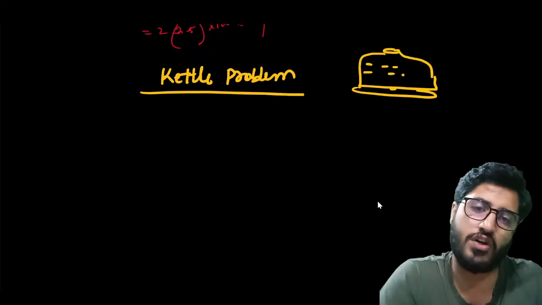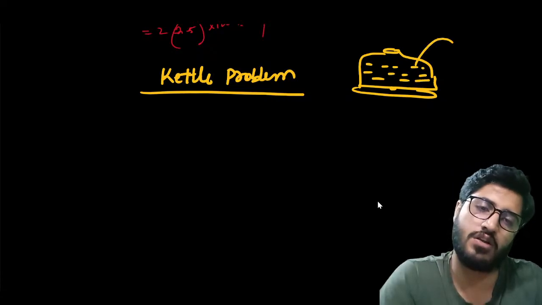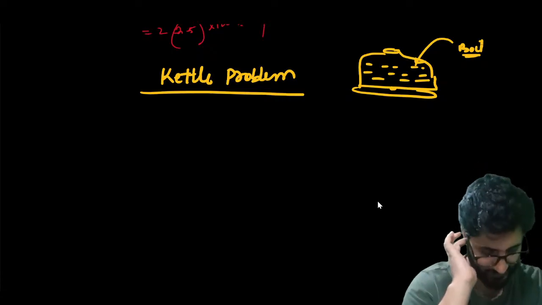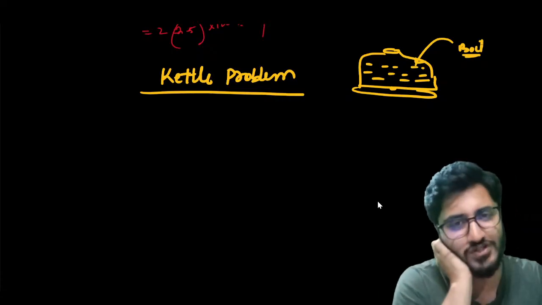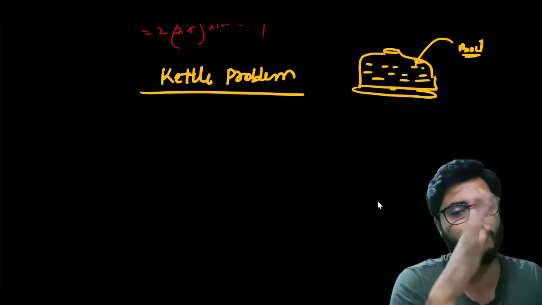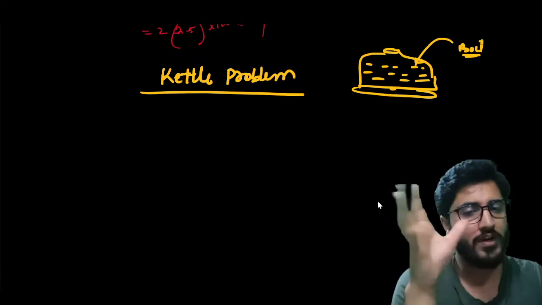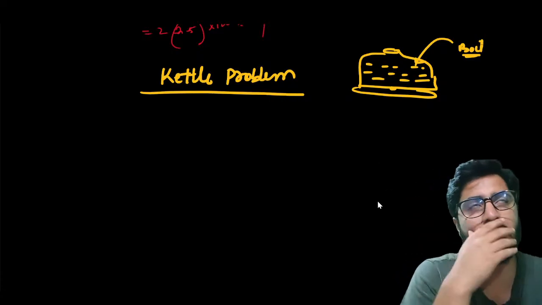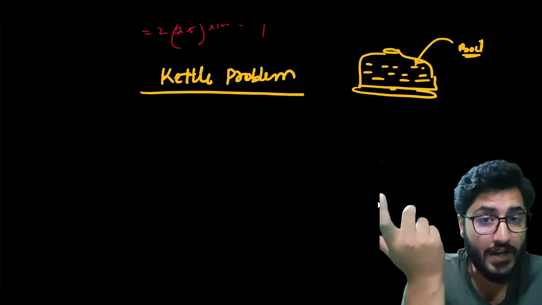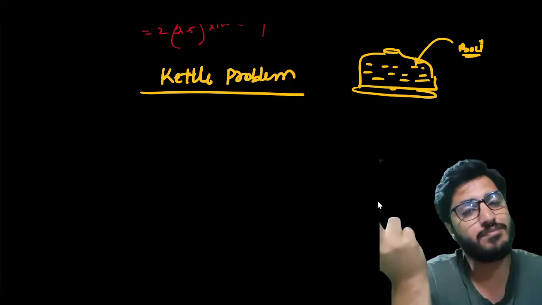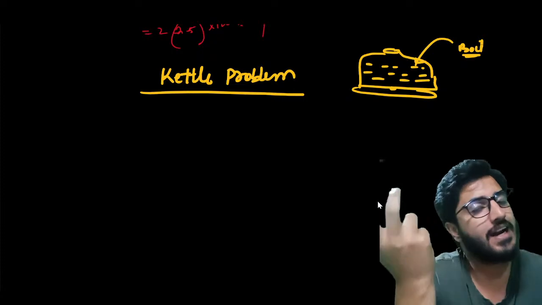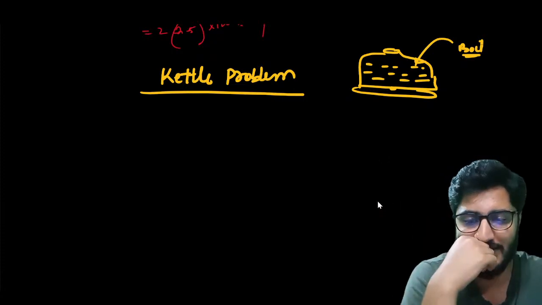Inside we have water, and this water starts to boil. In winters we usually use it to boil water. In kettle problems, we encounter many numericals in which we need to find the time, and what the arrangement of the kettle should be so that we get the minimum time.